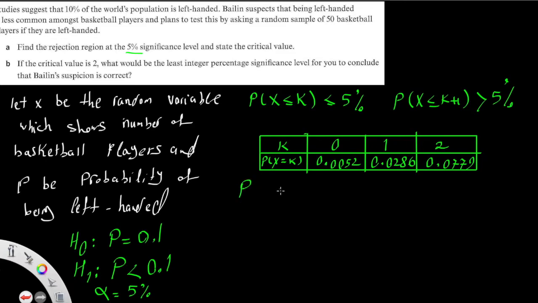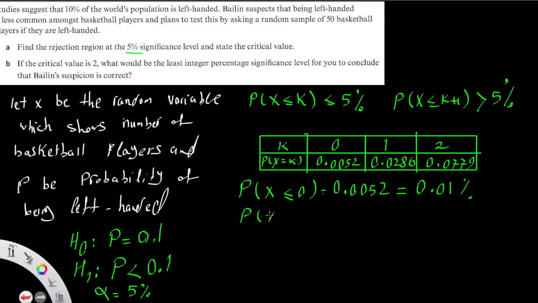Now, so probability of x less or equal to 0, which is 0.0052, converting to percent, it would be 0.01% actually.